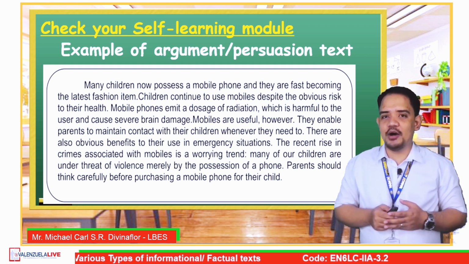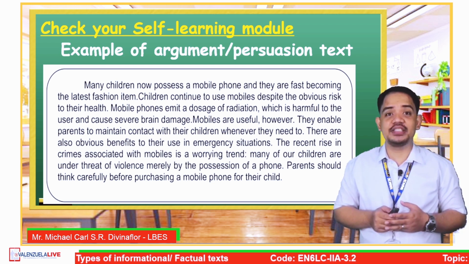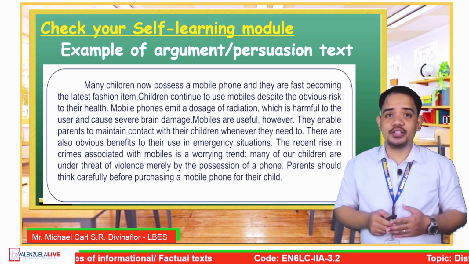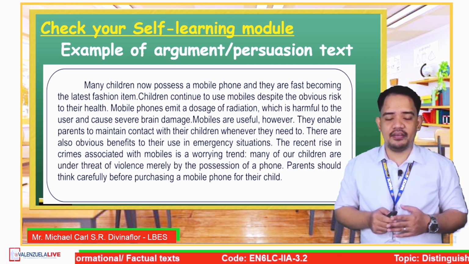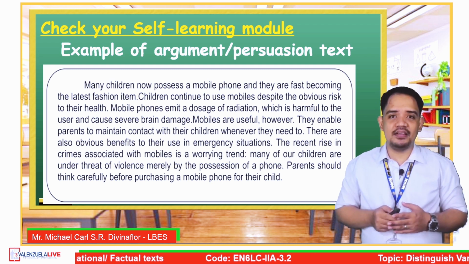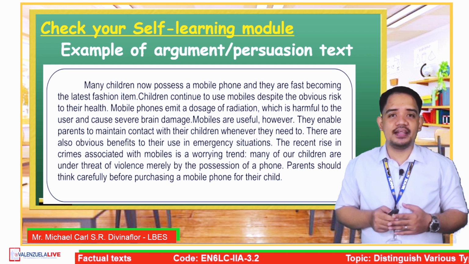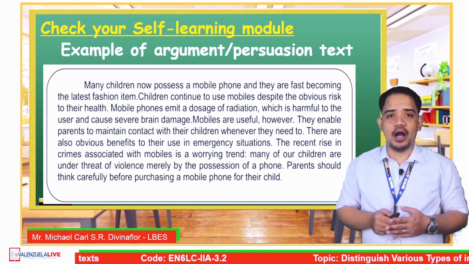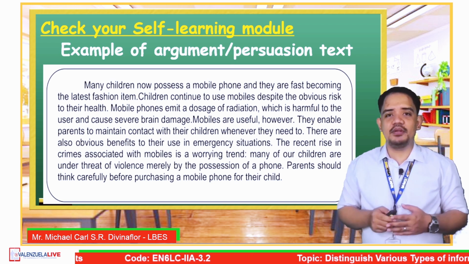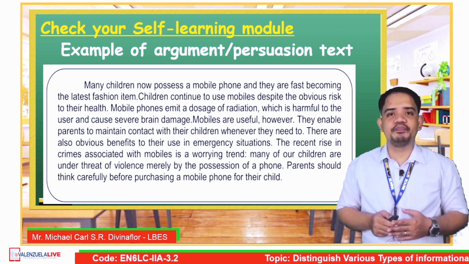Many children now possess a mobile phone and they are fast becoming the latest fashion item. Children continue to use mobiles despite the obvious risk to their health. Mobile phones emit a dosage of radiation, which is harmful to the user and can cause severe brain damage. Mobiles are useful, however. They enable parents to maintain contact with their children whenever they need to.